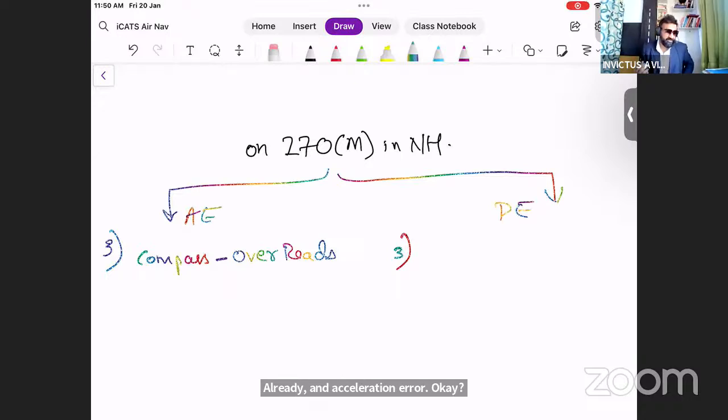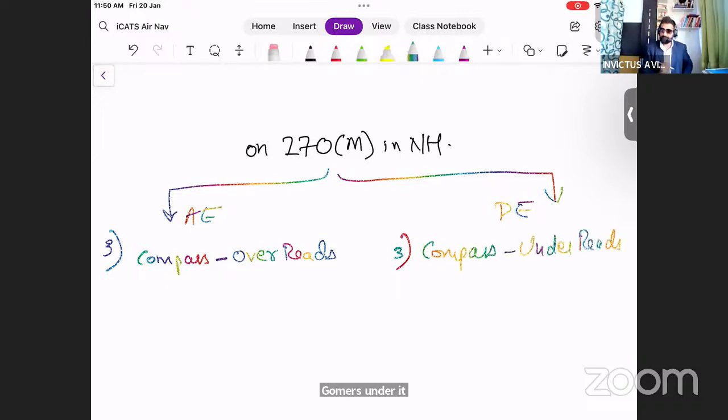In deceleration error, you will write: compass underreads. Compass overreads, compass underreads. A lot of questions will be like that.